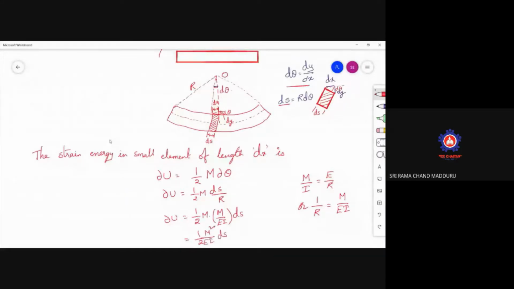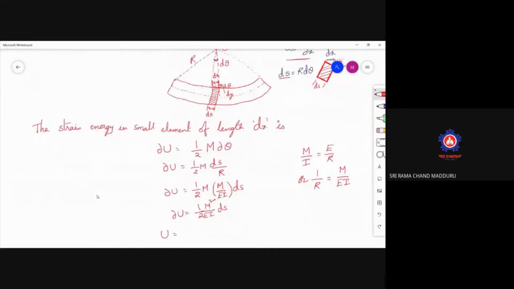So for a small element that is dU, but to get U, that is the integration from 0 to L of dU, which is the integration from 0 to L of M squared by 2EI. So the strain energy stored due to bending is nothing but the integration from 0 to L of M squared by 2EI into ds.